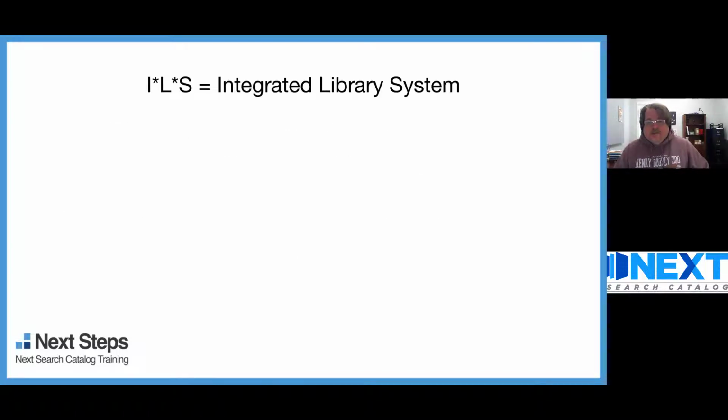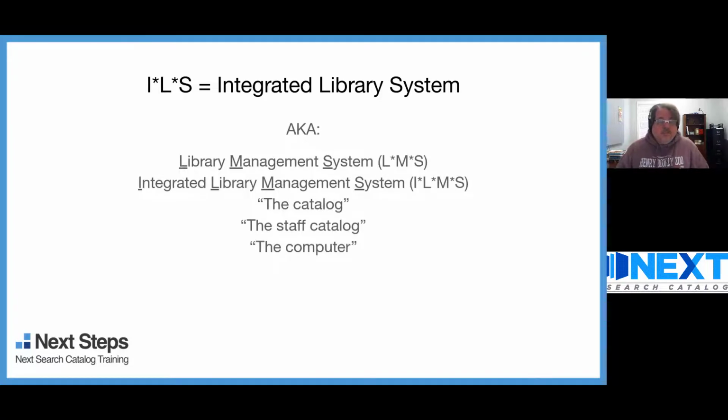Now, ILS is an acronym. It's short for Integrated Library System, but you might also hear it referred to by some other names. Some places it's called the Library Management System, or LMS.